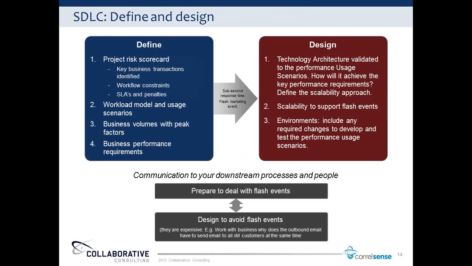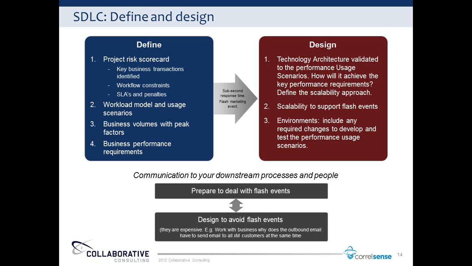Okay, so we're going to just look at each of these components of the life cycle with a couple of items to look for. Each project you can support with a risk scorecard, identifying the key transactions while you're in the define phase. Identify any workflow constraints. There may be a workflow for maybe entering a prescription that the pharmacist needs to support.